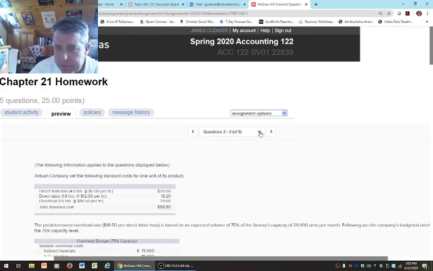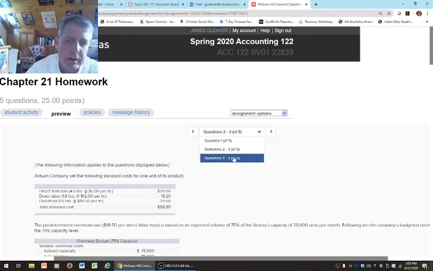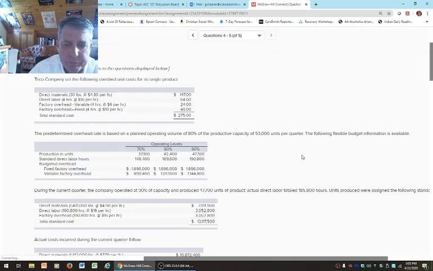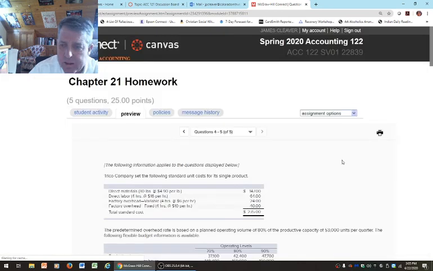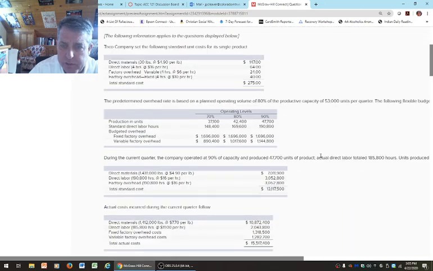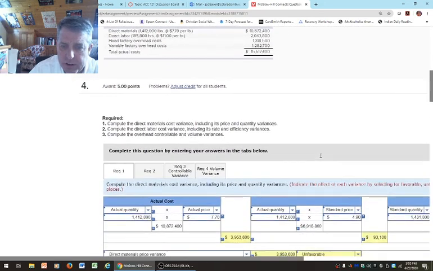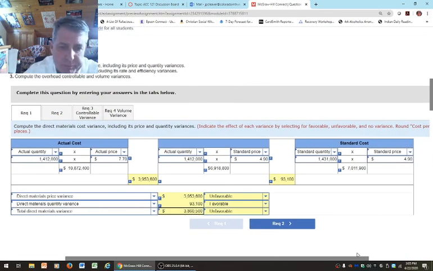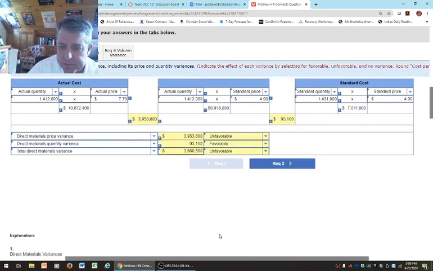All right, 4 to 5. Here's chapter 21's numbers 4 and 5. Here's all my figures. Here's number 4. Actual costs and standard costs, right? And you can see that method where it comes down to favorable and unfavorable variances.